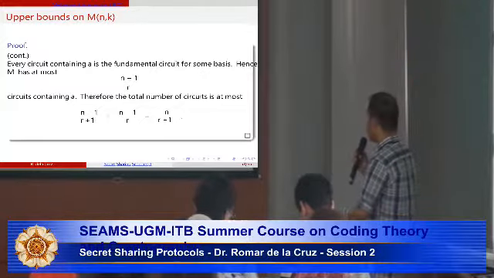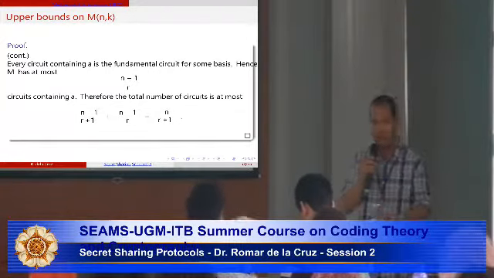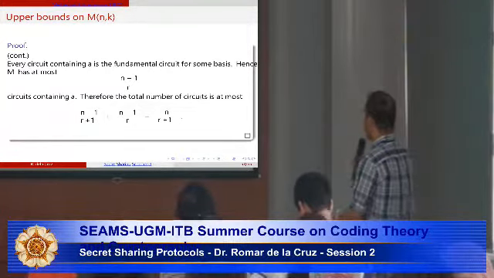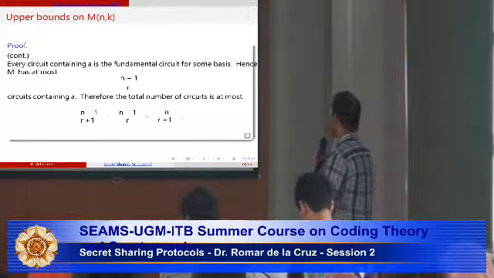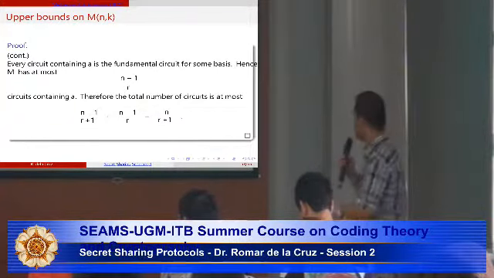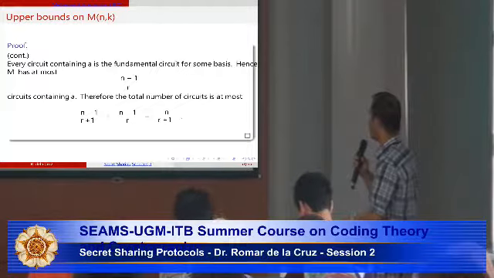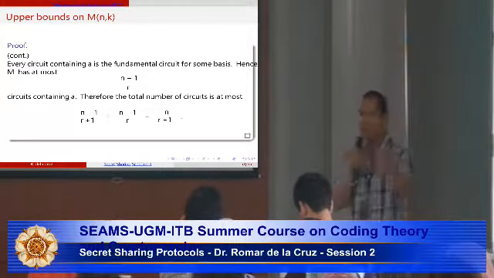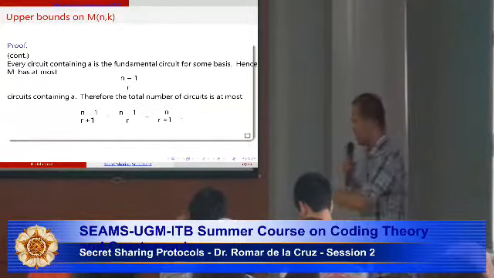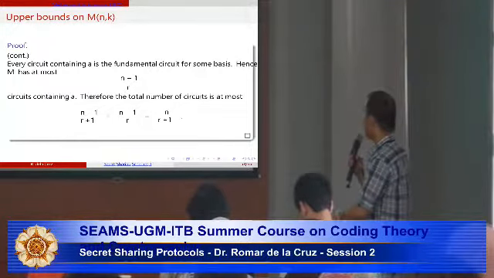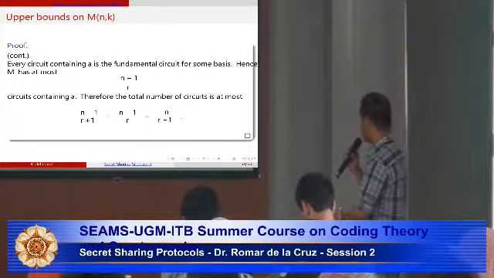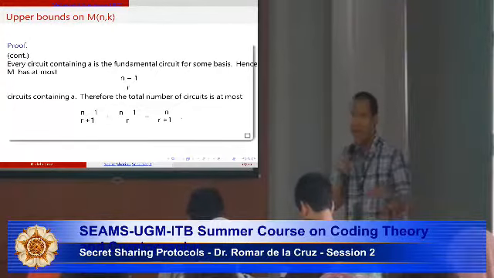As a corollary, we have the following. For binary codes, M(n,k) is at most n choose k-1. You just look at the connection between a linear code and a matroid, and then you apply the bound, and you will get this. Now, for binary codes, when do we have equality?